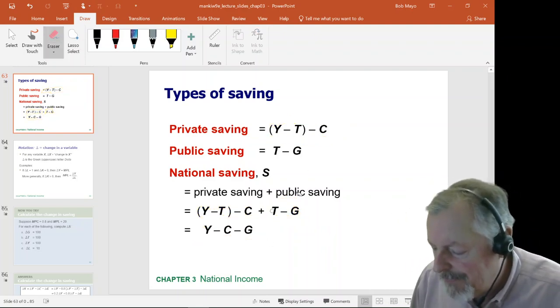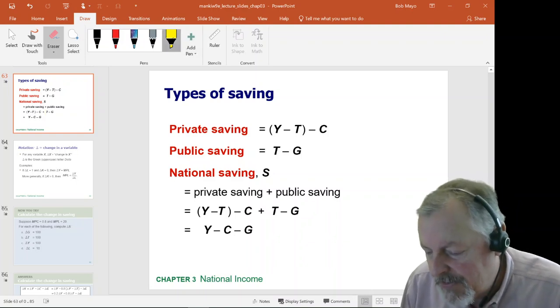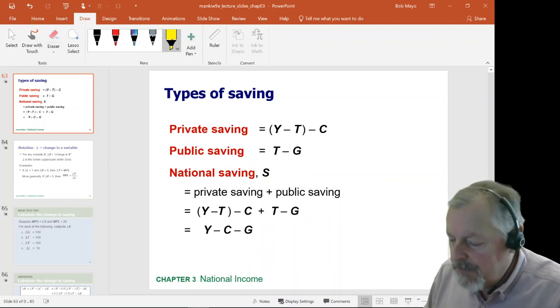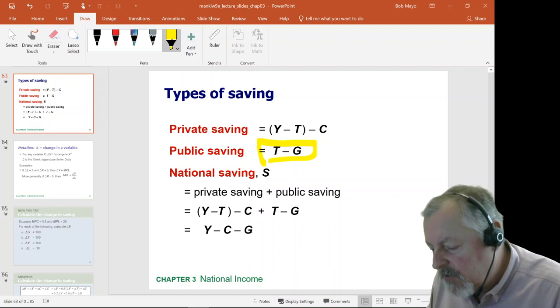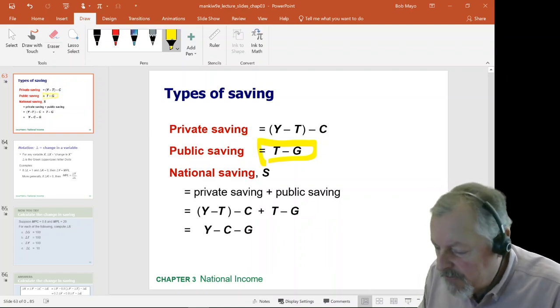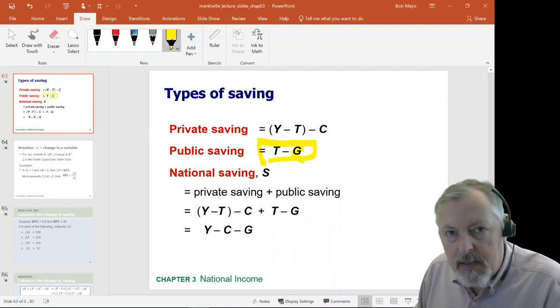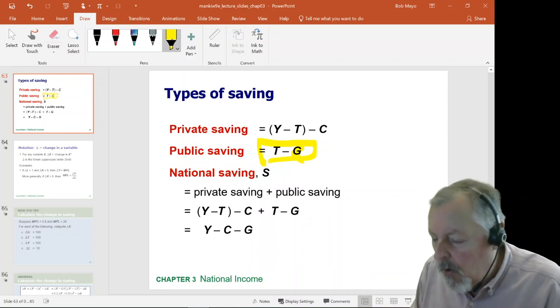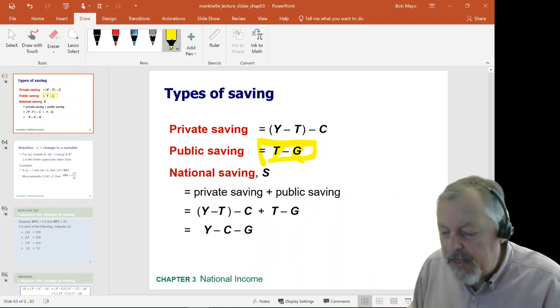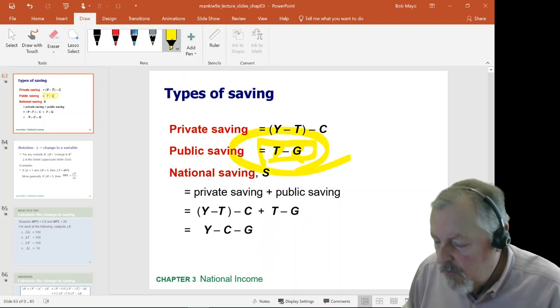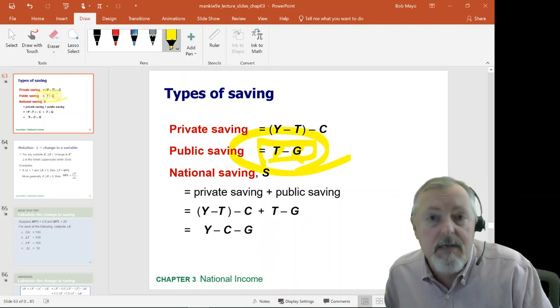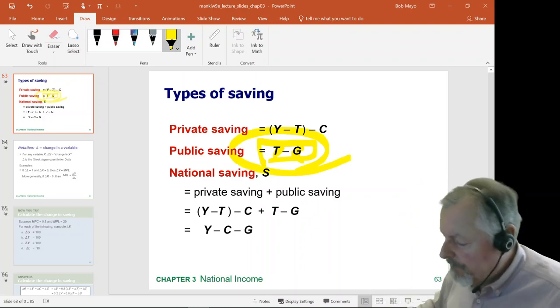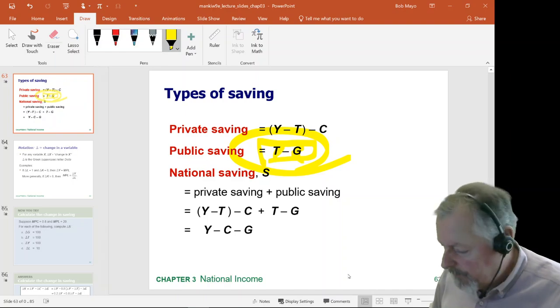When I said public savings doesn't happen, well, it's because this equation is still true. It's just government spending is, well, in my lifetime, always been bigger than the amount taken in by taxes. So public savings is actually negative, but you still add them together.